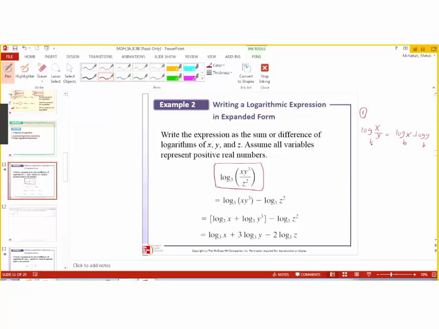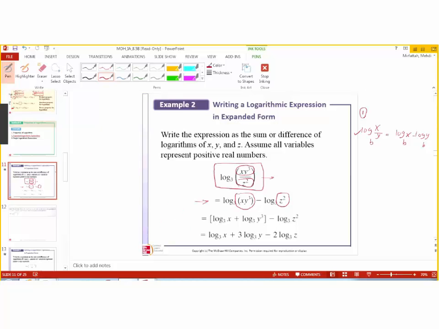Again, the base has to be the same. So in this case, your x would be the stuff at the top of the fraction, your y would be the stuff at the bottom of the fraction. This would be the same as log of what you have at the top of the fraction minus log of what you have at the bottom of the fraction. That's how you start, using this property here.